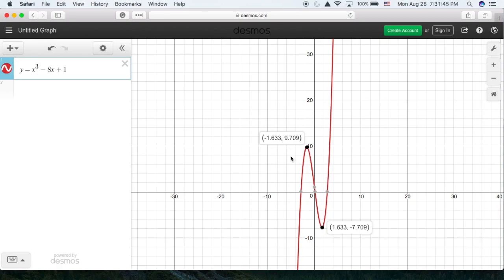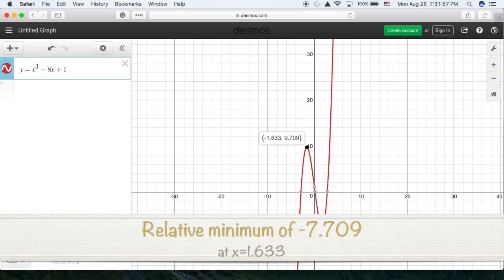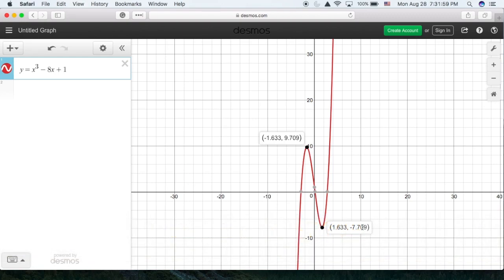Likewise, we hit the bottom of a valley at x equals positive 1.633 of negative 7.709. So we can say the graph has a local minimum of negative 7.709 at x equals 1.633.